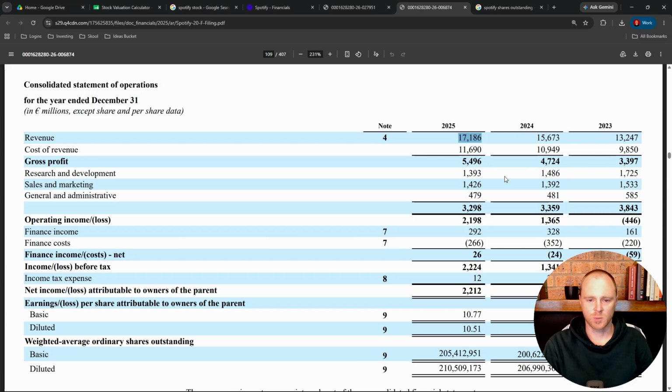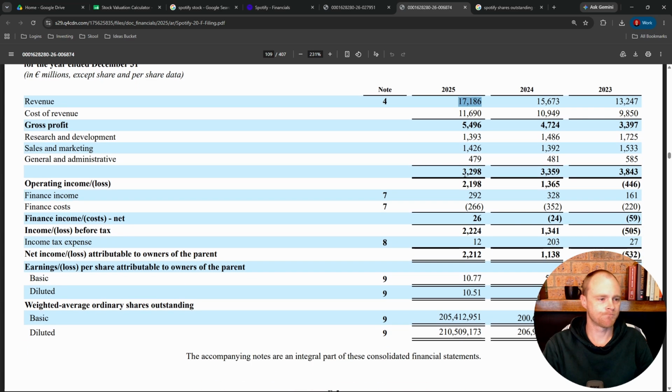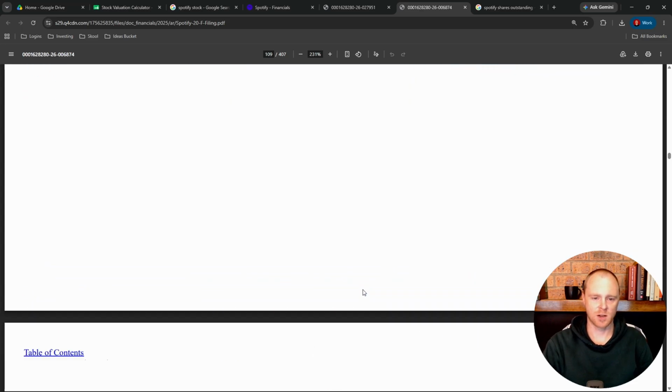It means this business is becoming more profitable with the more revenue it brings in. So what's our net income at the end of the day? Sorry, we had negative 500 million. The following year it was up to 1.1 billion and then 2.2 billion. So that's a pretty strong net income increase.